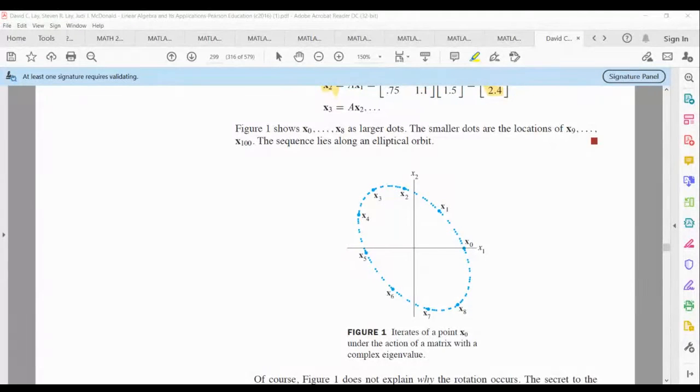Are there any questions on that idea? What I'm trying to make clear here is that if a matrix has complex eigenvalues, the transformation is going to be effectively a rotation.